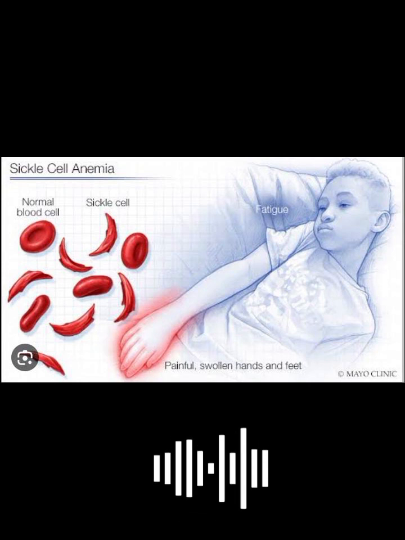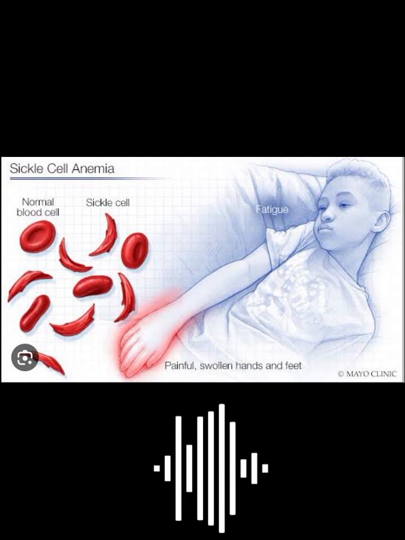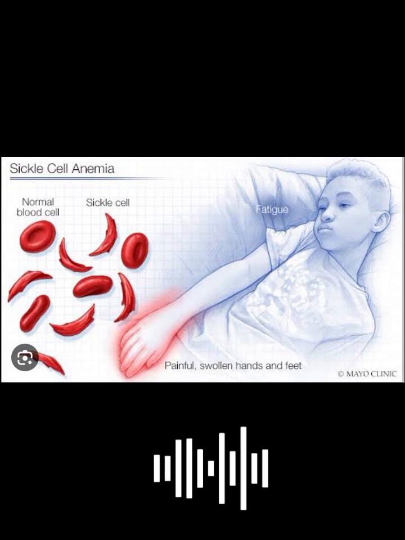anemia. We have types of hemoglobin. We inherit the type of hemoglobin we have from both our parents. There are a number of hemoglobin types, usually known only by a letter of the alphabet. The most common types are called normal hemoglobin and sickle cell hemoglobin.